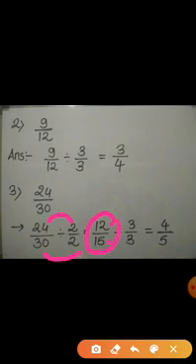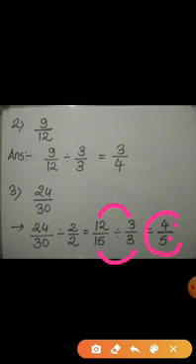But 12 upon 15 is not in its simplest form. Hence, to reduce this fraction to its simplest form or lowest form, we further need to divide both numerator and denominator by the same number. So you can see here, again I have divided both numerator and denominator by the same number, that is 3. Now 12 divided by 3 is equal to 4 and 15 divided by 3 is equal to 5.